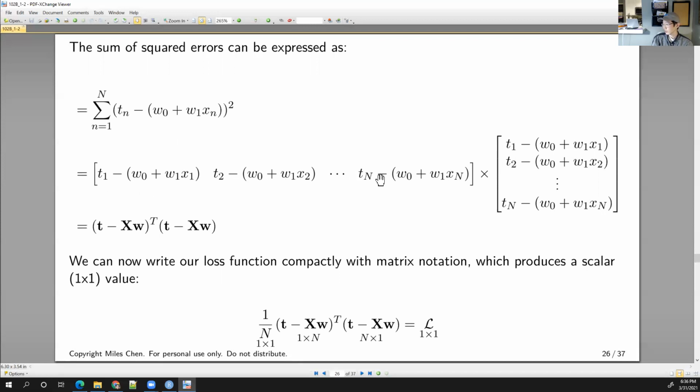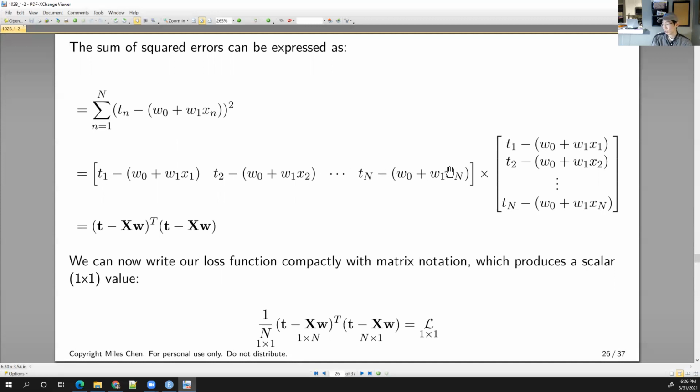If I take that row multiplied by the column, this times this is equivalent to this, because each of these gets multiplied by the corresponding one, so on and so forth, and the last one gets multiplied by the last. So we're effectively squaring all of the values and summing them up when we do this matrix multiplication.